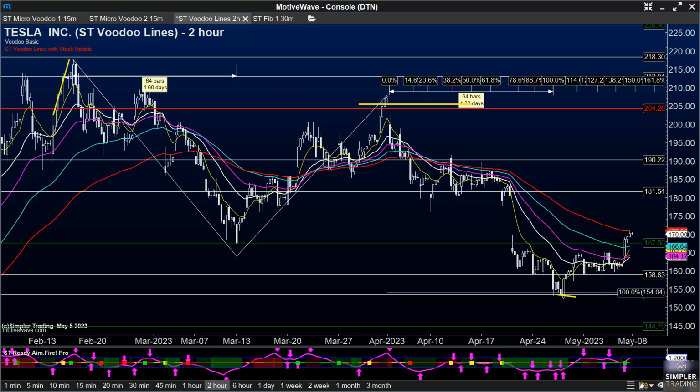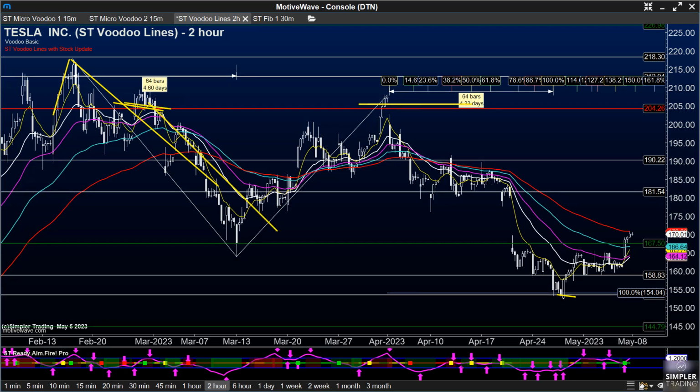We got above that back in February for a little bit, found resistance there and went back down, resistance again back here late March, early April, and that's what sent us down, but it sent us below the Voodoo tree line, the second most important level. And to really feel like we were heading up, I wanted to see us back above that 167.50 Voodoo tree line, and we did climb above that today.